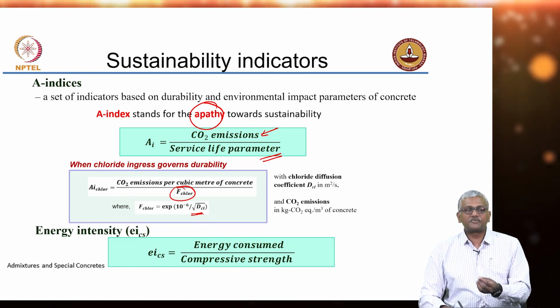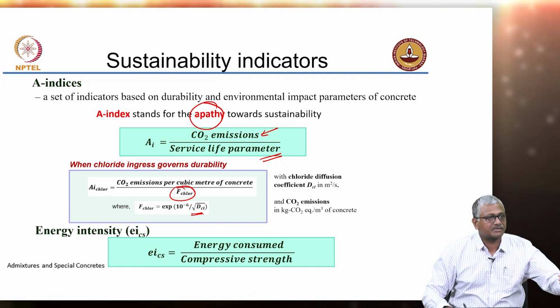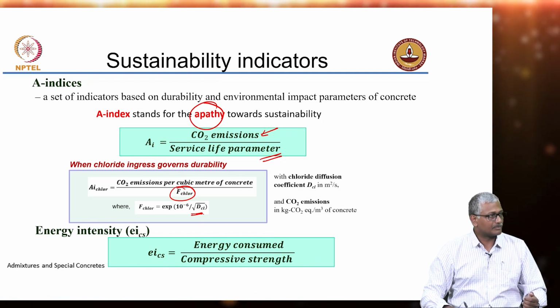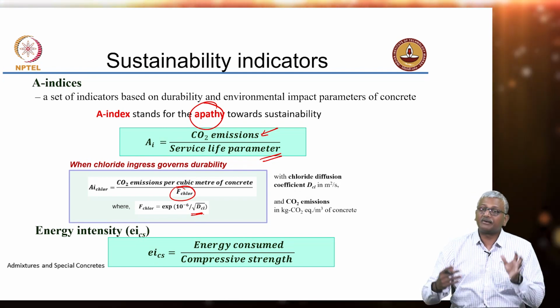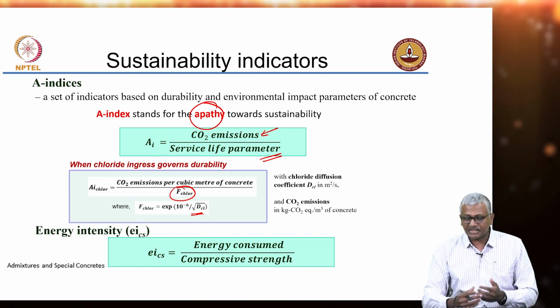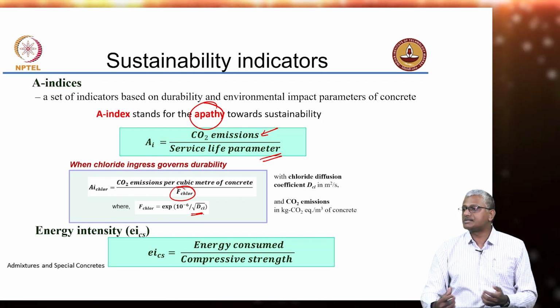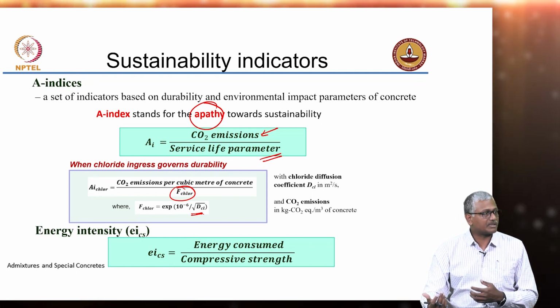Now, what does this mean? This means that I can start designing concrete with much higher strengths for my application, right, and reduce the overall quantity of concrete that I use. But my energy consumed will depend on the raw materials that go into the making, the cements and the production of that concrete.